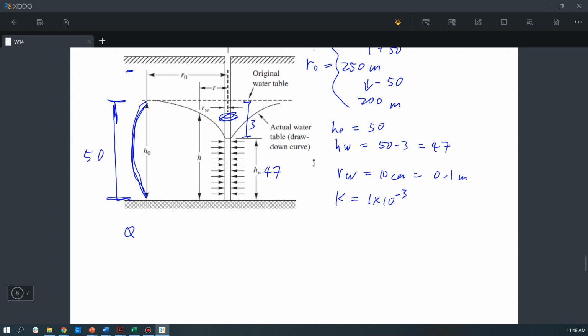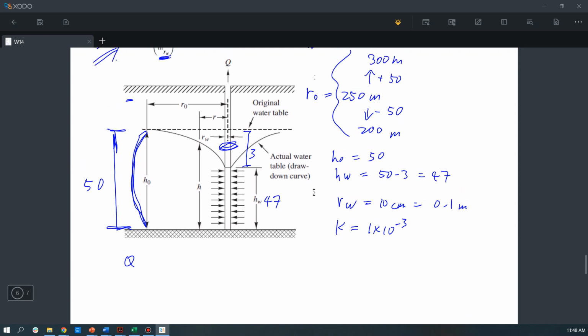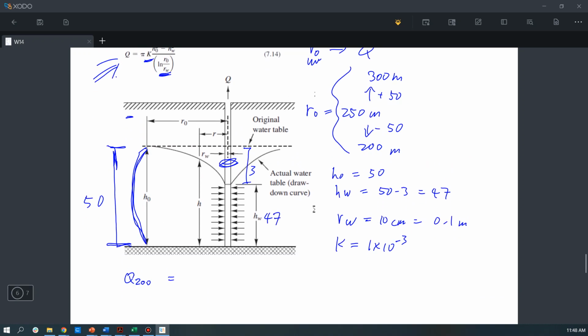So we want to calculate discharge if the R0 is 300. Let's start with 200. So just follow this equation.